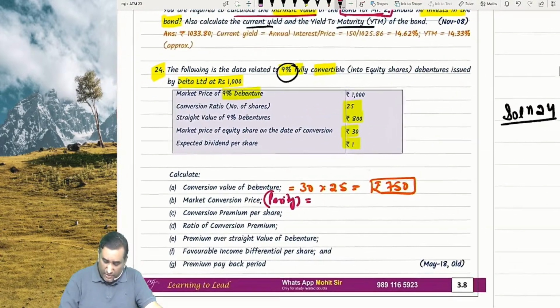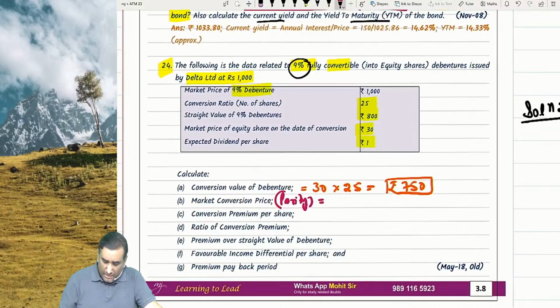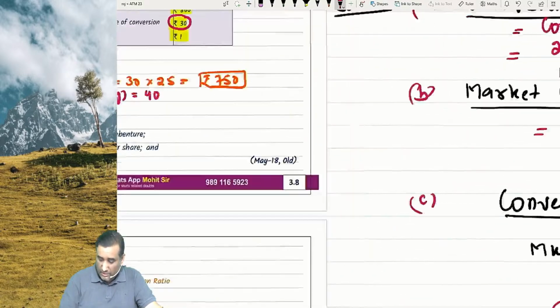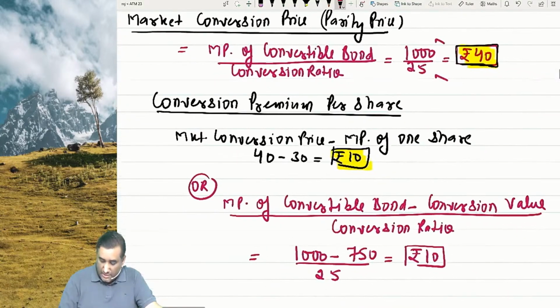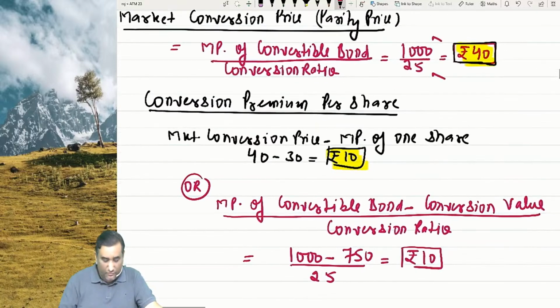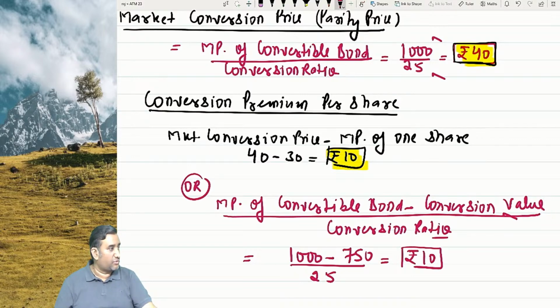Now there could be different ways of doing it. Per share, if I calculate premium, first part is what is your parity price coming? 40. Whereas the share you're getting is for what? 30. 40 minus 30 would be one way of doing it. Second is what we applied just now, the formula: convertible bond minus conversion value divided by the number of shares, that's the conversion ratio.